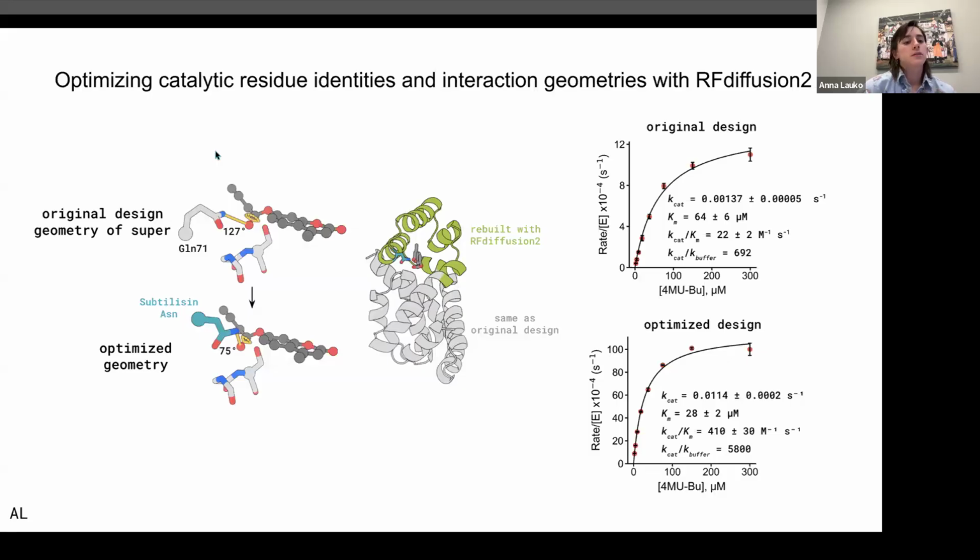We had this particular design called Super, which had this in plane oxyanion hole angle. We aligned it to a serine protease found in nature, cetylysin, which has an asparagine side chain oxyanion hole residue that's out of plane. We deleted the part of our design that held the old second oxyanion hole side chain and rebuilt the design so that it would scaffold cetylysin's asparagine residue in this new, hopefully better geometry.